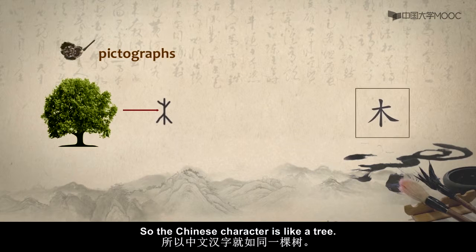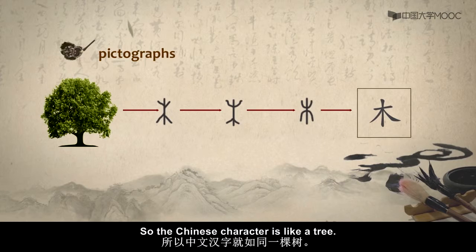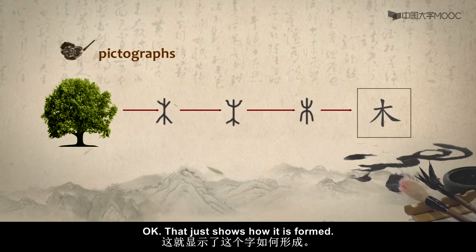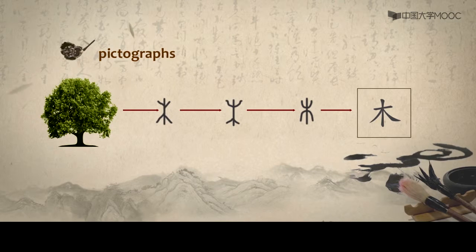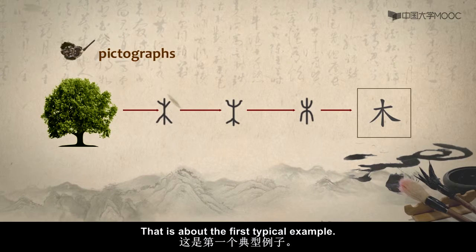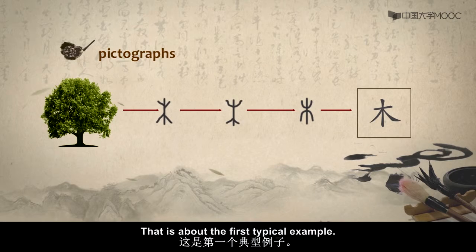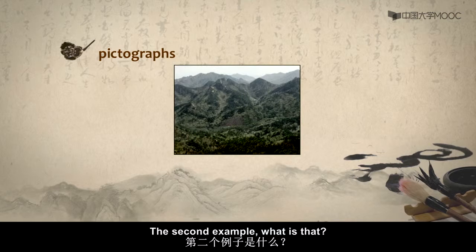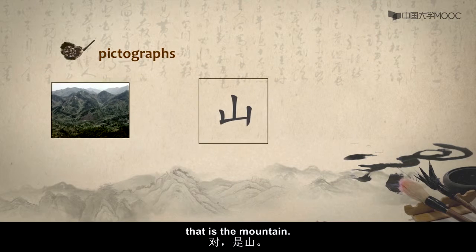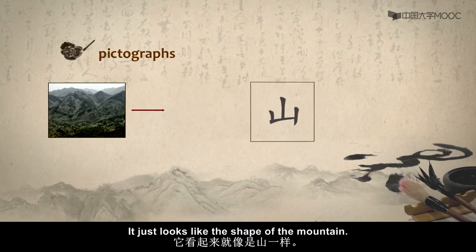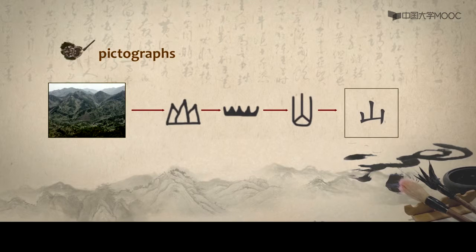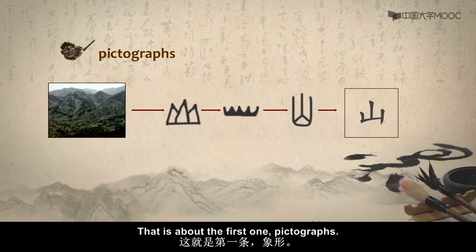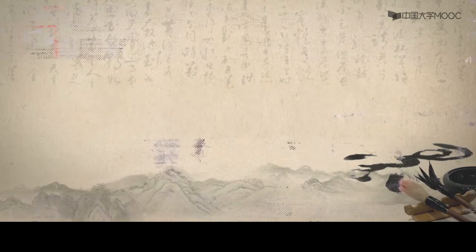So the Chinese character is like a tree. Okay, that just shows how it is formed. That is about the first typical example. The second example, what is that? That is the mountain. It just looks like the shape of the mountain. That is about the first one, pictographs.